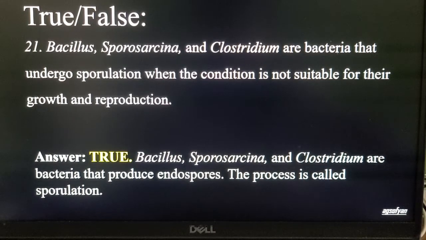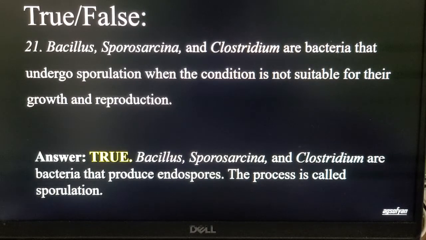Sporulation is when this bacteria undergo making endospore, undergo dormancy. This is called the sporulation, producing the endospore. So only these three types of bacteria produce endospore: Bacillus, Sporosarcina, and Clostridium.